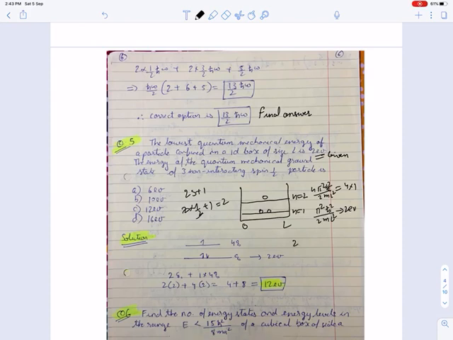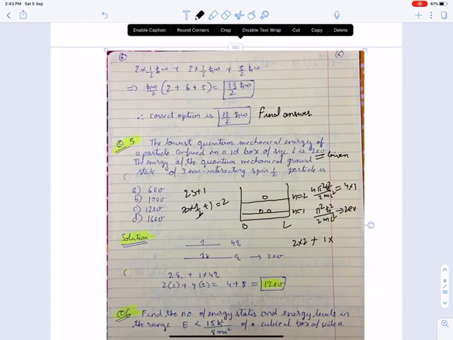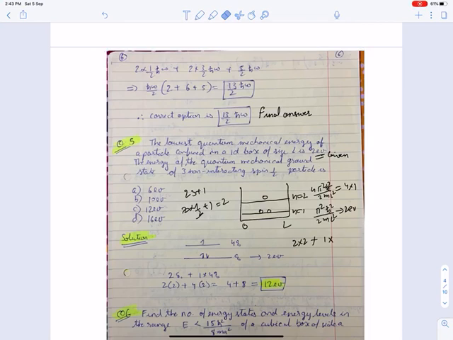The number of electrons is 2, so we multiply the ground state energy by 2, then plus. Here there is only one particle, 1 into 4, and I should multiply by epsilon naught, because pi square h cut square upon 2 m l square is equal to 2 electron volt.